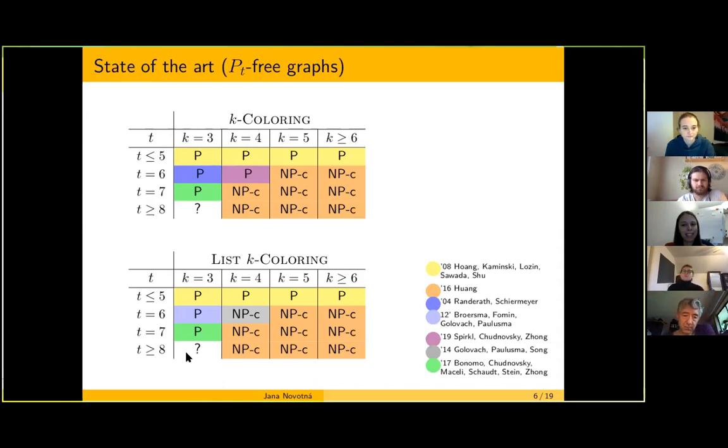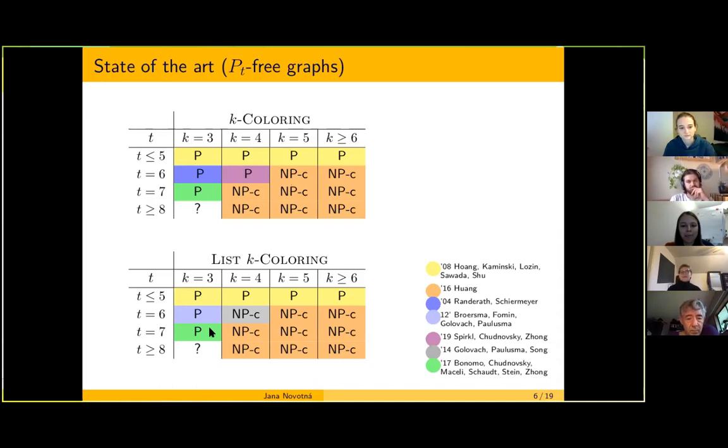And recently there has been a result which is not polynomial or NP-complete, but it's quasi-polynomial, the best known so far for any Pt-free graphs and 3-coloring and list 3-coloring. What's also interesting in this table is that 4-coloring on P6-free graphs is polynomial, whereas list 4-coloring on P6-free graphs is NP-complete.